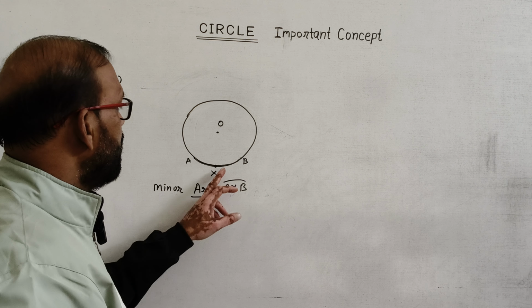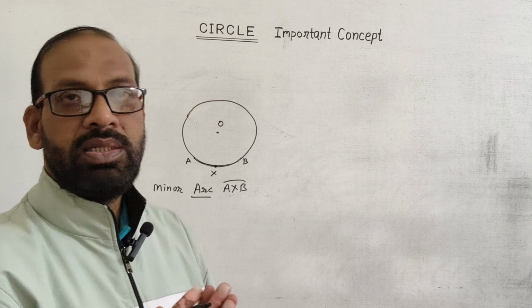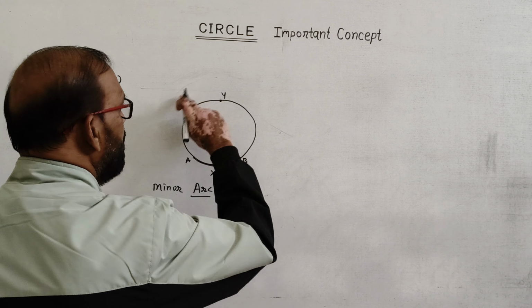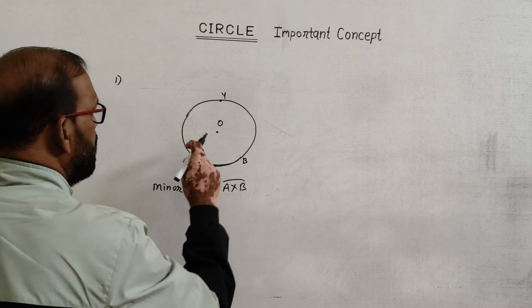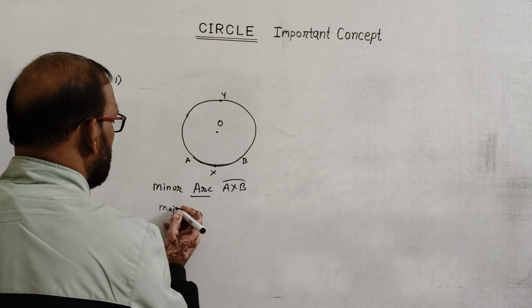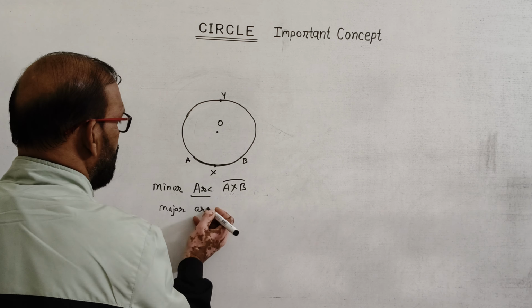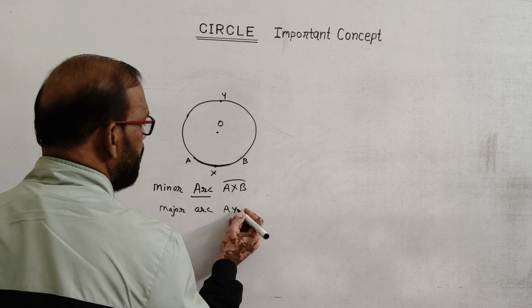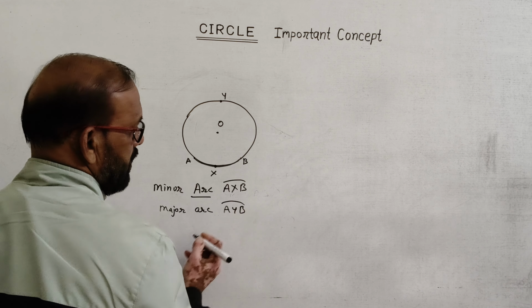So AXB is the minor arc. And suppose there is another point Y in the remaining part of the circle, then AYB is said to be the major arc. It is represented like this.